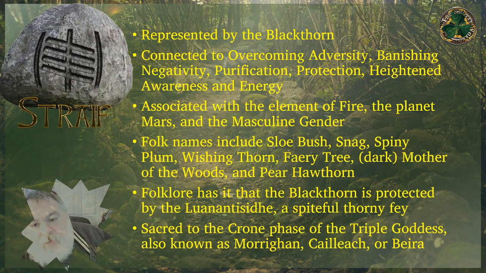Folk names include Sloe Bush, Stay, Spiny Thorn, Wishing Thorn, Fairy Tree, Dark Mother of the Wood, and Fair Hawthorn. Folklore has it that the blackthorn is protected by the Leanan Sidhe, a spiteful thorny fae, sacred to the crone faith of the crystal goddess, also known as Morrigan, Cailleach Bheara.